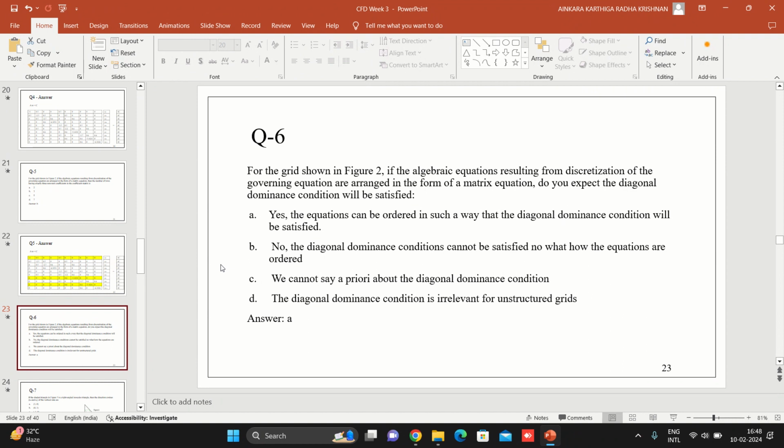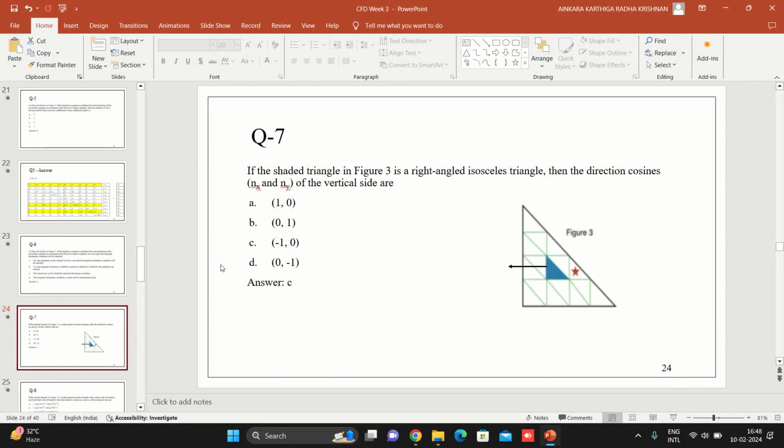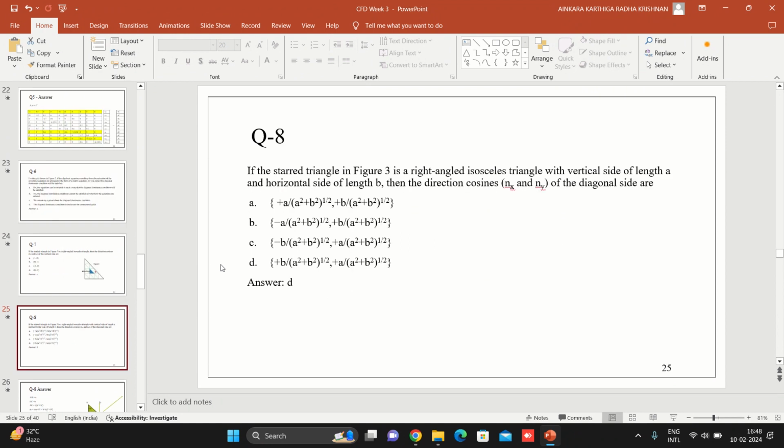So in this particular case also we found out how the diagonal dominance condition can be applied and satisfied. And this is regarding finding the direction cosine of the vertical side, which we found to be -1, 0. And here we have found it for the diagonal side of this next cell.